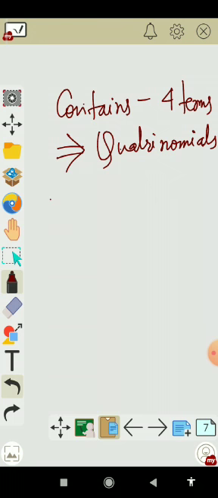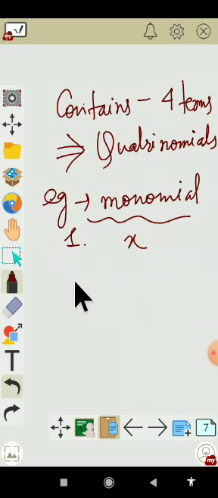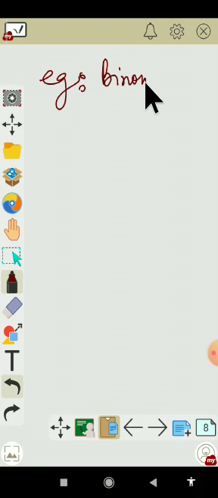Now we will give examples of monomial. x itself, 2x square, 3, 7, one constant term can also be a monomial. Now examples of binomials.